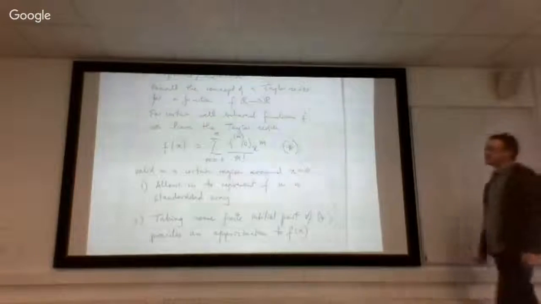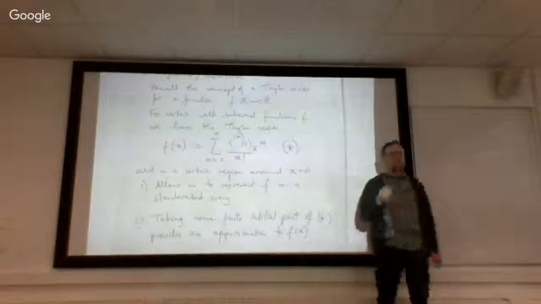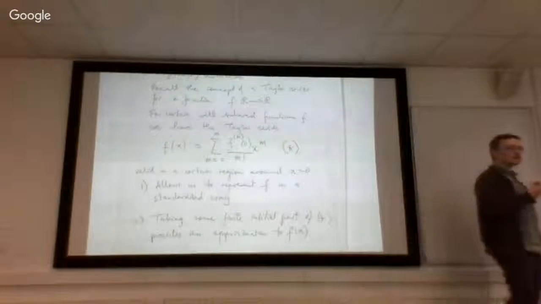And the idea is, of course, as you take in more and more terms of the Taylor series, the approximation gets better and better.